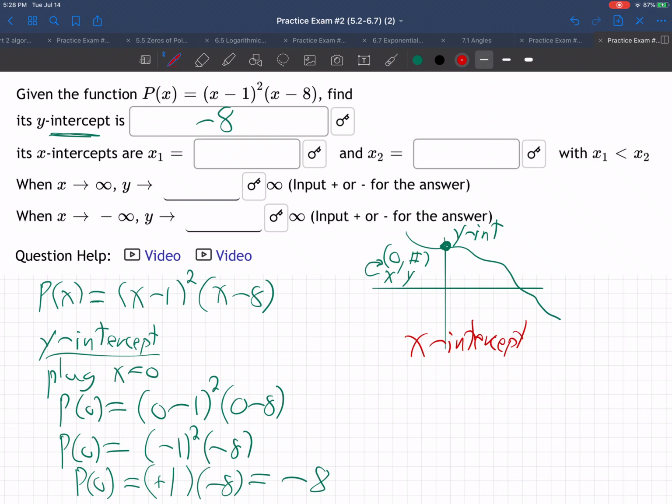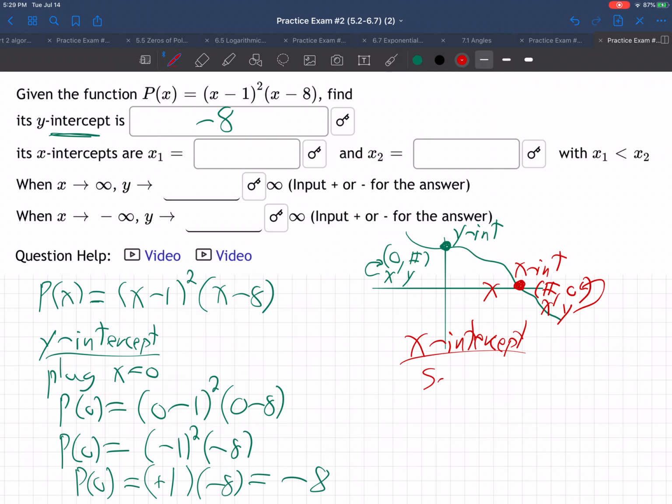Now let's do the x-intercept. Here's an x-intercept on any old random graph. What do you notice about that? It must be over some number, with coordinates up 0. The y-coordinate must be 0 at an x-intercept. It's the very nature of being an x-intercept: you're on the x-axis, which means your y value is 0.